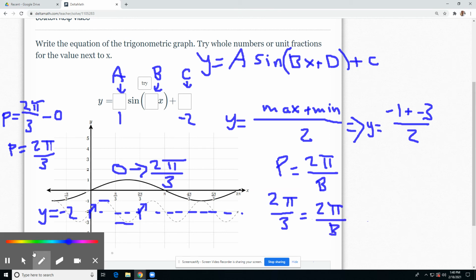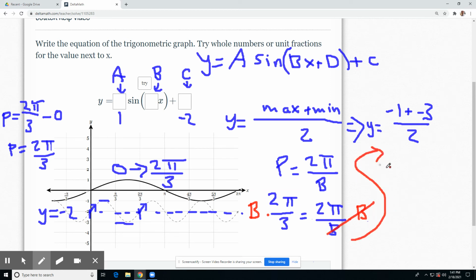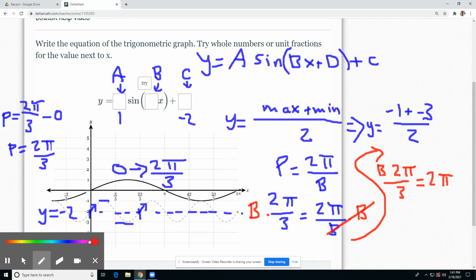I'll go ahead and use a different technique. Times by B, times by B. B's cancel. That now gives us B times 2 pi over 3 is equal to 2 pi. To get rid of everything but the B, I multiply by the reciprocal. So I'm going to multiply by 3 over 2 pi.